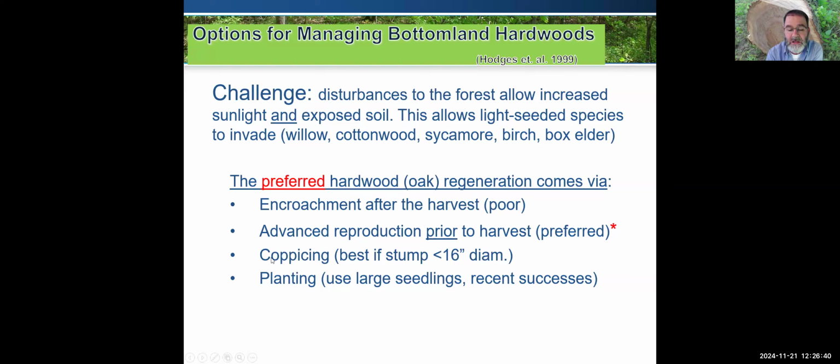Sometimes stumps will sprout. We call that coppicing. And so that's a resprouting of the stump. And in some cases, those sprouts can grow up and become mature, very large trees. But the general rule of thumb is that your success will be better on smaller stumps, so less than 16 inches or so. The reason for that is if you've got a 30-inch stump with a few sprouts coming off it, that stump was supporting a massive tree.